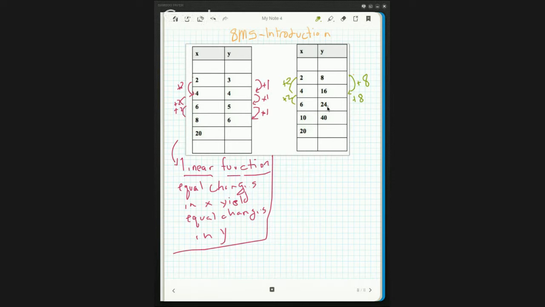Now, we have an interesting question here. It looks linear so far because we have an equivalent +2 goes +8, and +2 we go another +8. But the problem here is we go +4, and here we go +16.